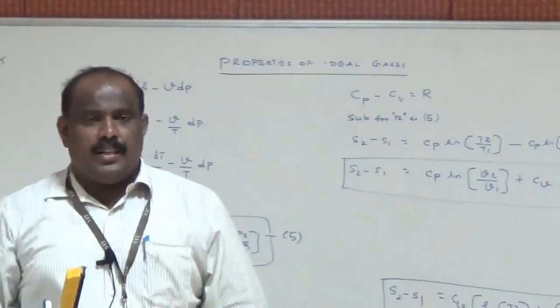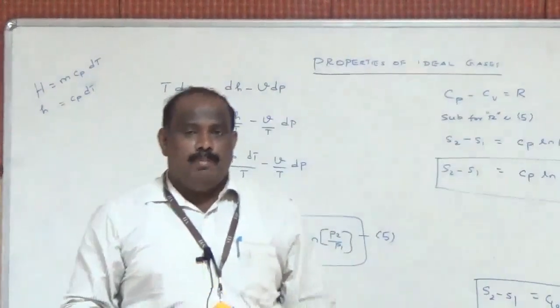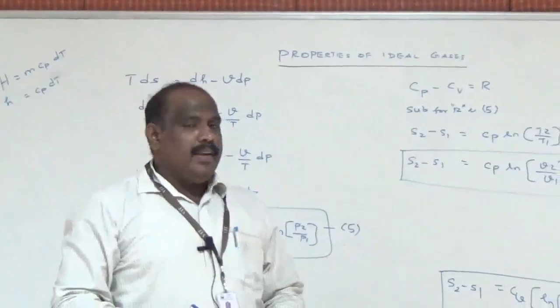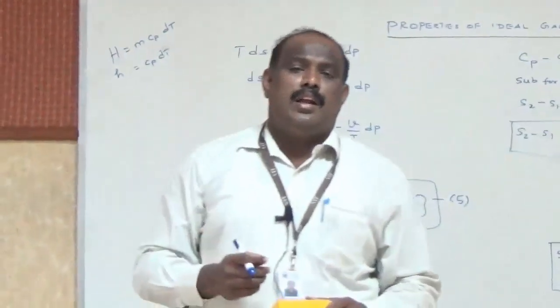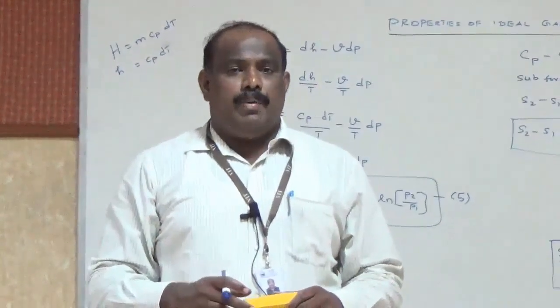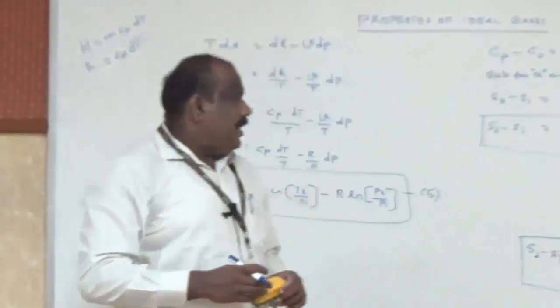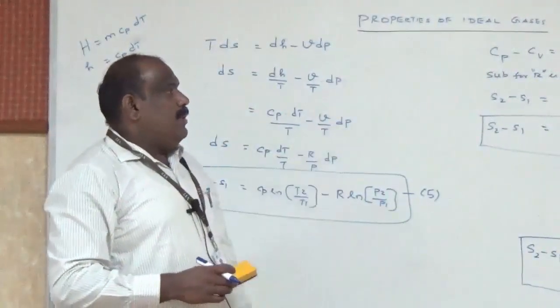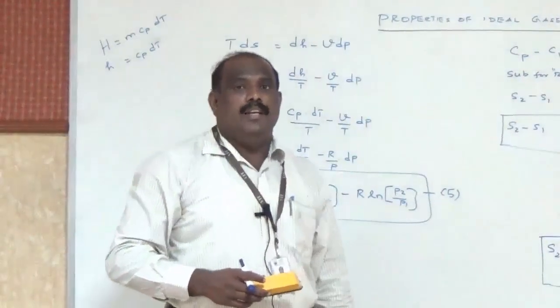So this section gives an idea about the ideal gas equation in terms of mass basis and molar basis, and we come to know about Avogadro's law and its application to obtain the value of R bar. Then we got the value of R for different gases. Then, from the first law of thermodynamics and the definition of enthalpy, we derived three formulas for the change in entropy.